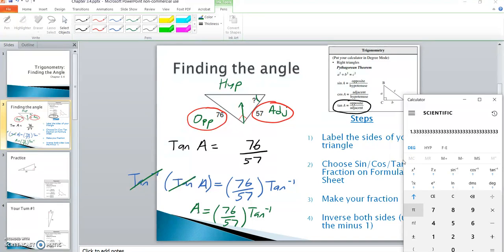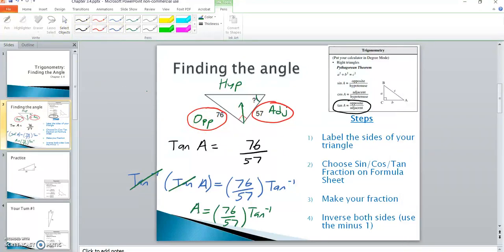And at this point, you're going to have to hit shift or second so that you can see the tan -1. And then you'll notice my answer is 53. So that means that my angle is 53 degrees.